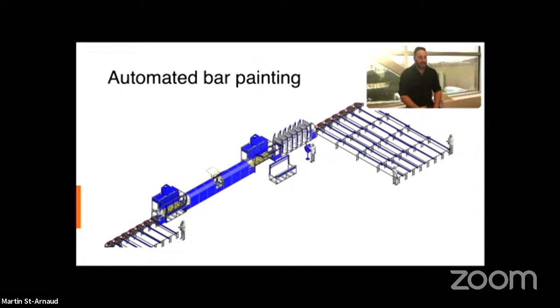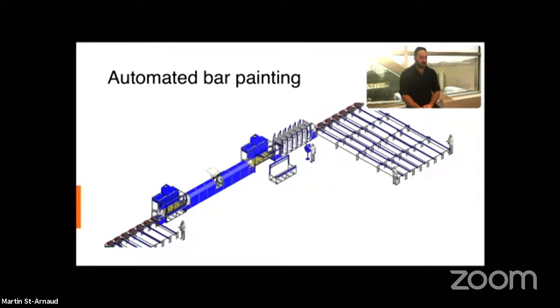If you're pushing the bar painting a little bit further, there are technologies out there that allow you not to mask, not to use tapes to paint the bars. But the problem I've seen with those systems is usually there's not a lot of automation behind it.